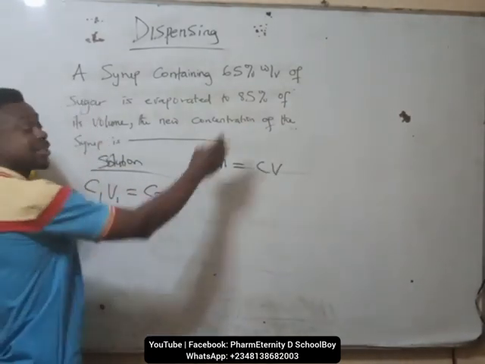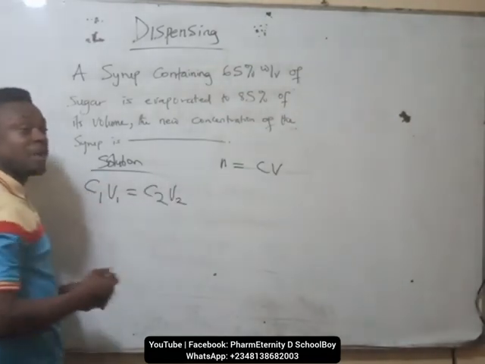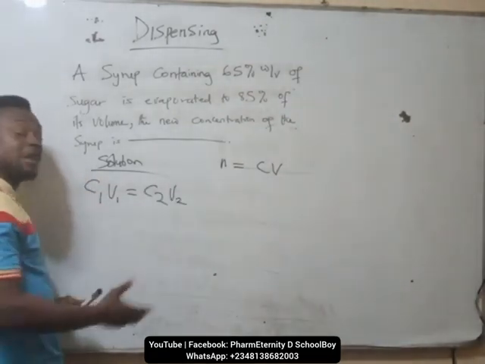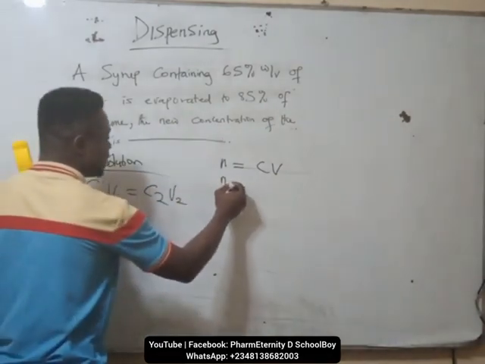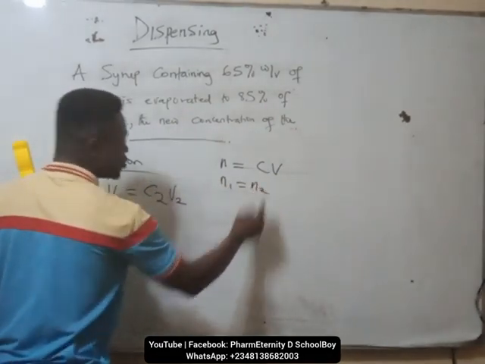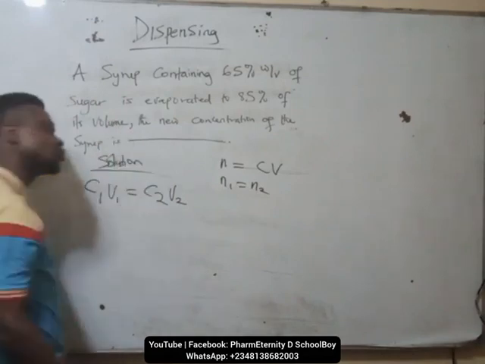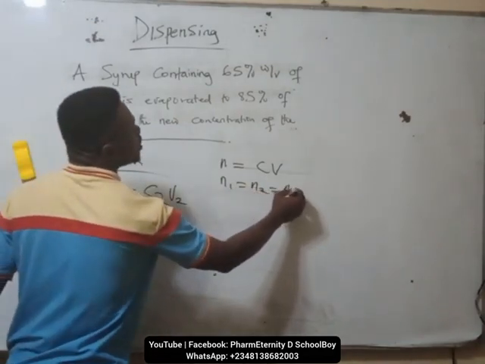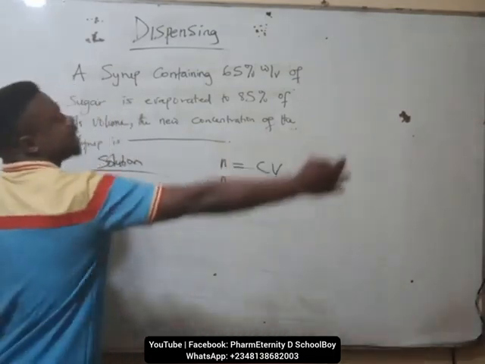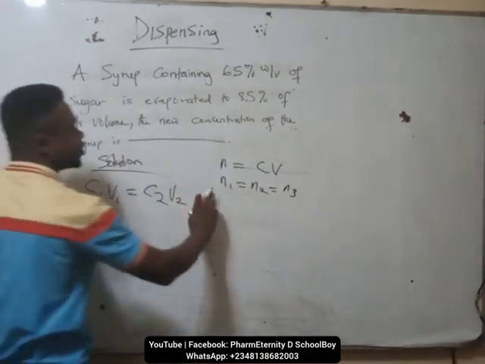Because the amount is constant, whether you dilute it or concentrate it, N1 will still be equal to N2, which is also equal to N3, irrespective of the extent of dilution or concentration.